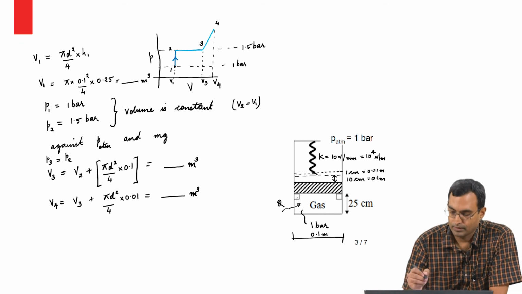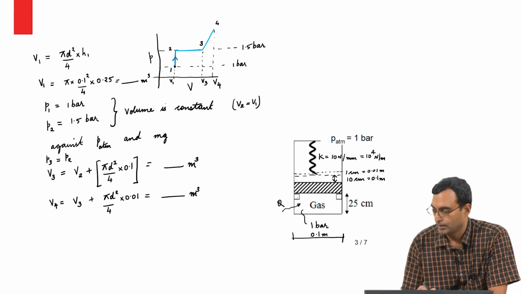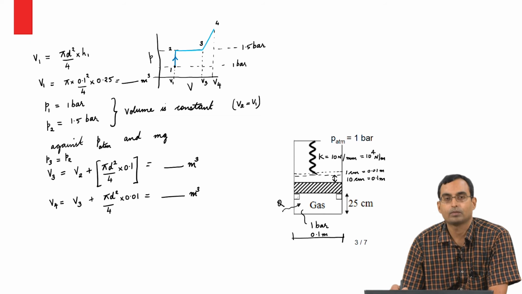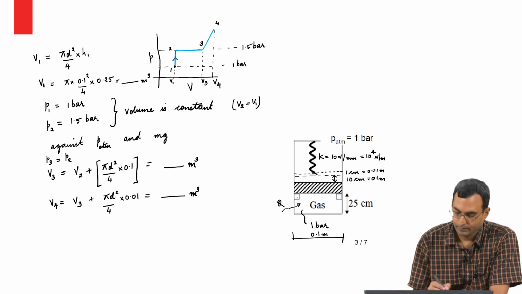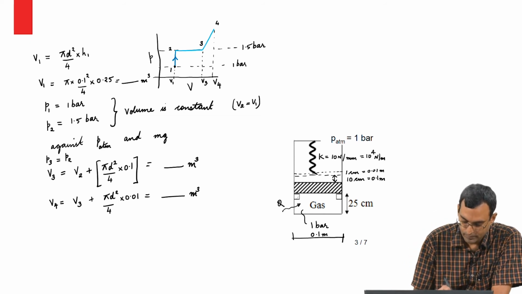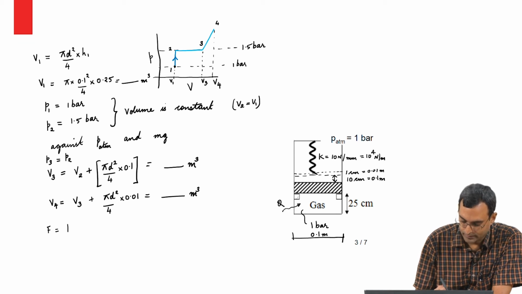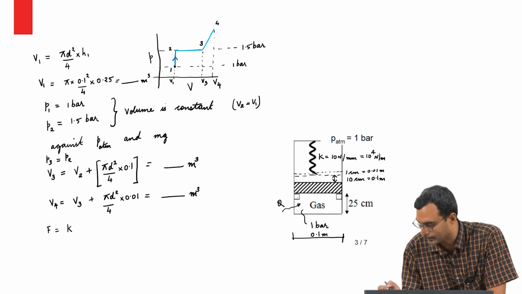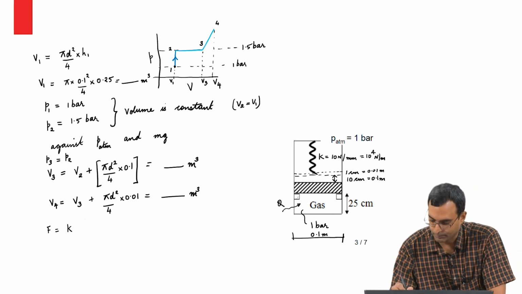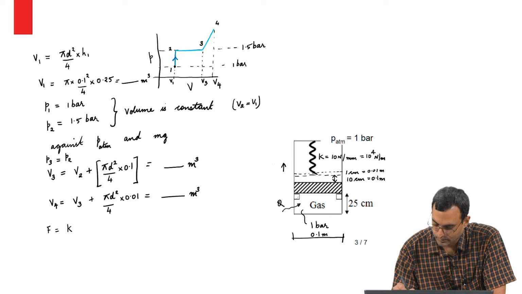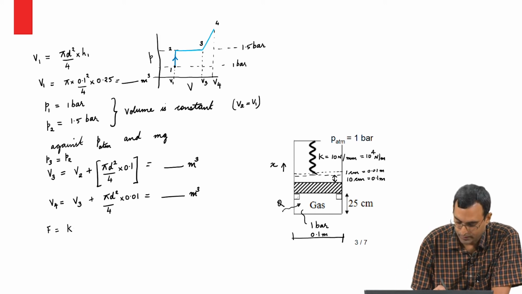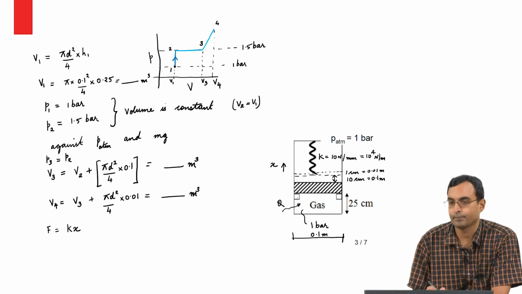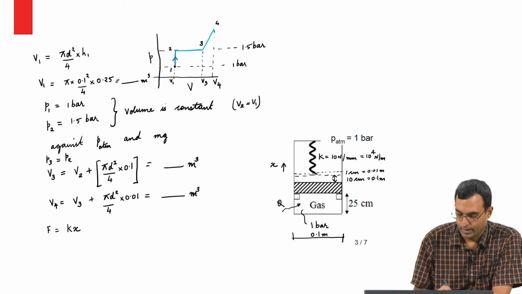I need to find out the value at 4, which I can because I know the spring constant. So, the force in the spring is essentially K times X, spring constant times the deformation, let me call it some X. K into X, this is the force, and if I divide by area I get pressure.